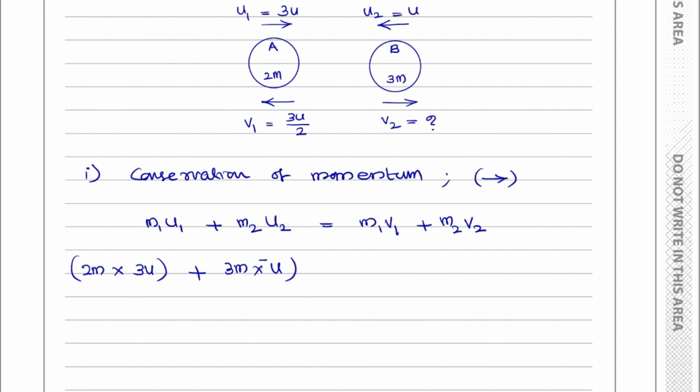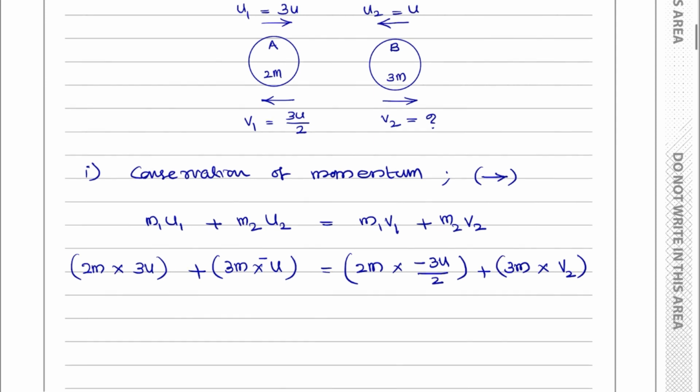That is equal to again m1, 2m, into v1, minus 3u by 2, plus m2 is 3m into v2. We don't know the value of v2, we need to find it out. So this is the equation.